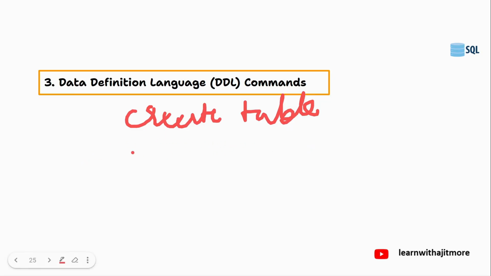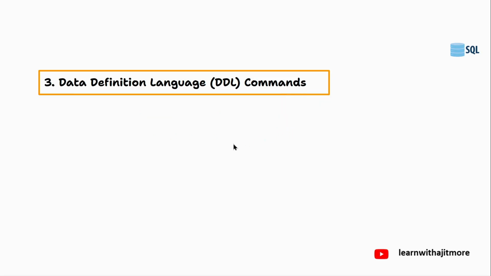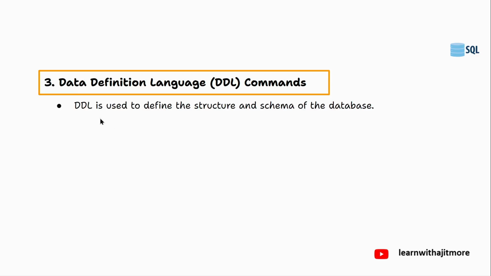Then to do the retrieval faster, you add indexes on your table. So all those commands come under data definition. We will be learning them. So DDL is used to define the structure, or actually it should be the schema of the database. Schema means the design. Get it? So overall design, like in my database, employee table will be there, project table will be there, department.